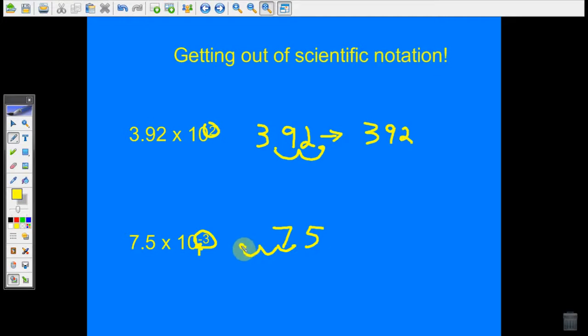And this will be where our decimal will be. Inside of these little loops, we are going to write a 0 for each little loop, and that just holds the place of the values. So we end up with the number 0.0075.